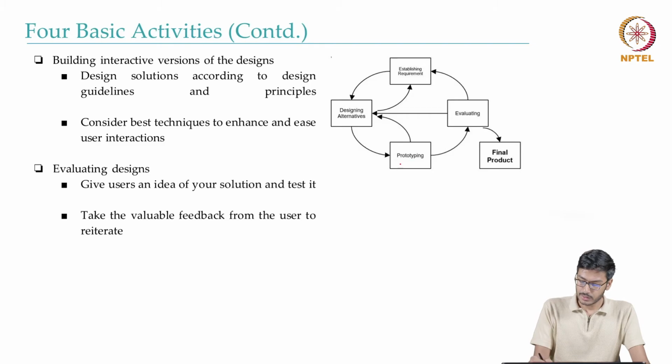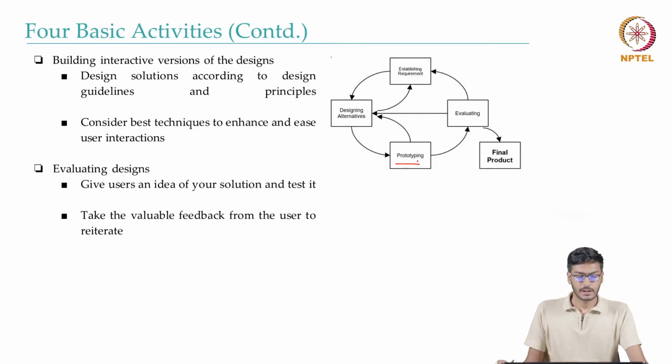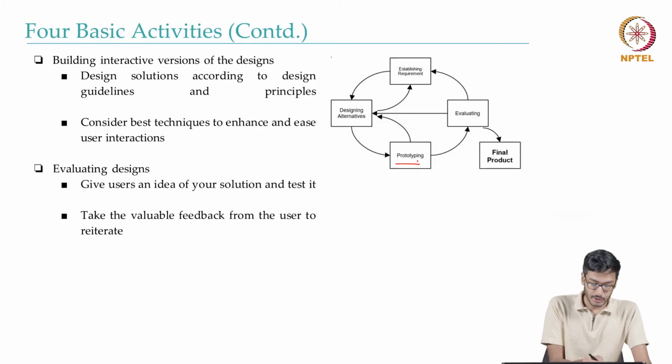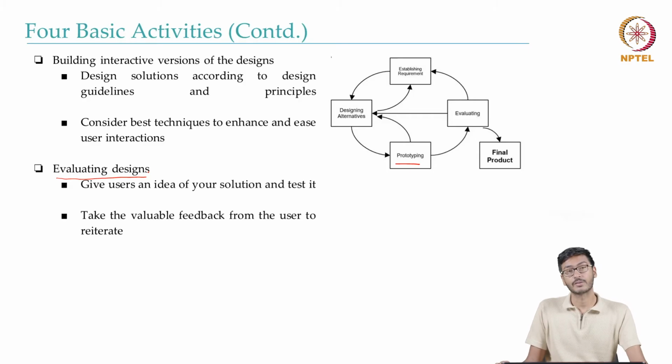As we come on to the prototyping part, we build interactive versions of the designs. We design the solutions according to design guidelines as well as principles, and we consider the best techniques to enhance the user interactions. Last, we move on to the evaluation part, where we give users an idea of our solution and test it.